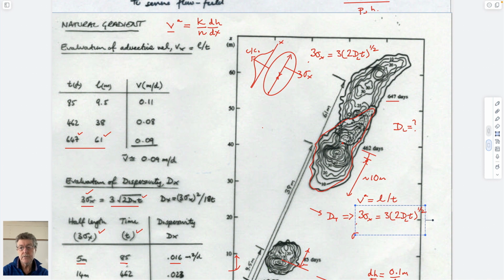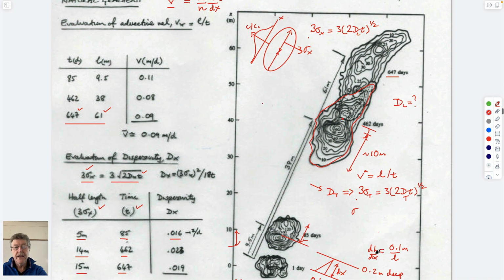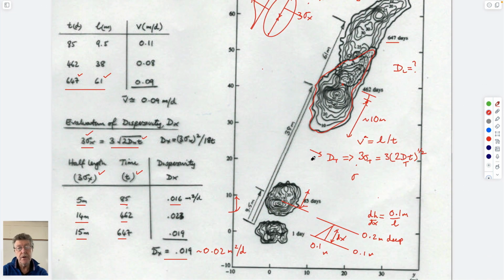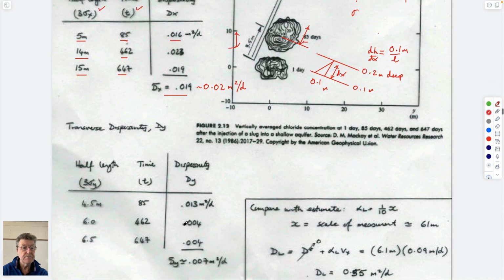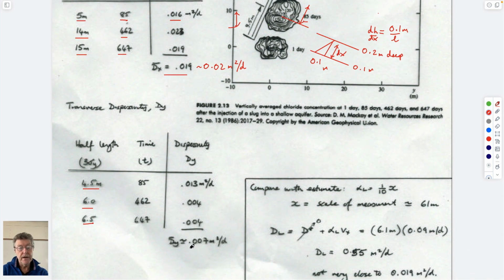The only things which would change are these lengths. I don't know what these lengths are, but this is probably about 5 meters. They're written down here: 4.5 meters, 6 meters, and 6.5 meters. And what they give indeed gives you what you already know.